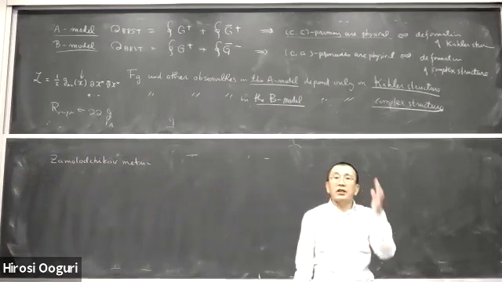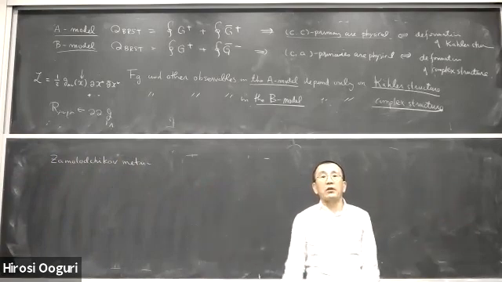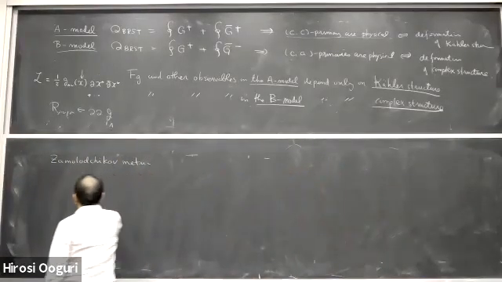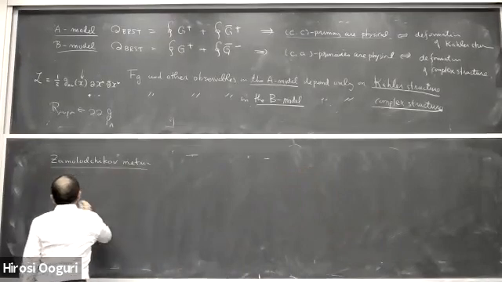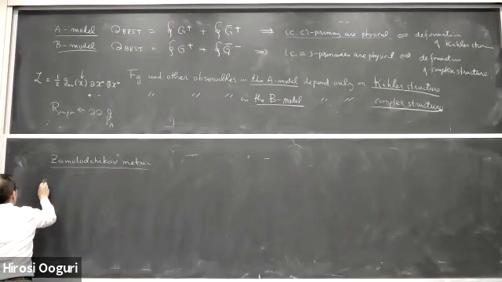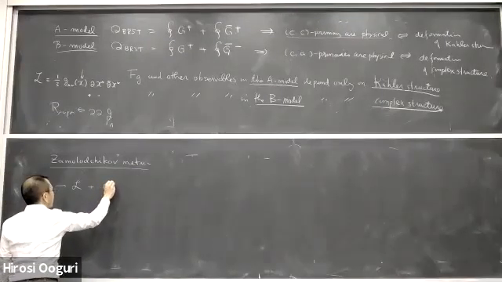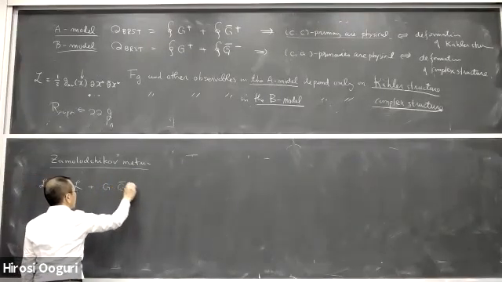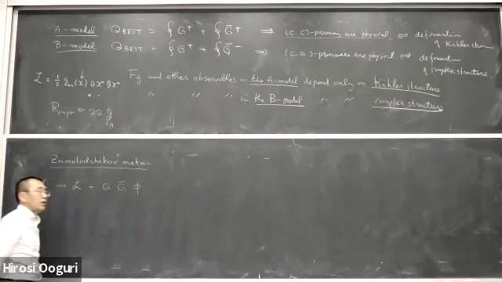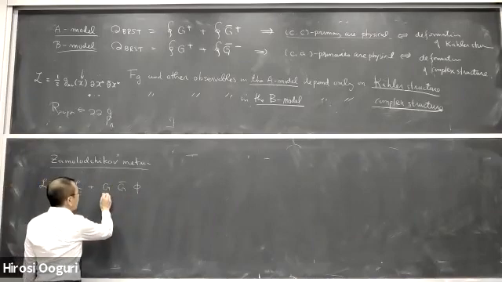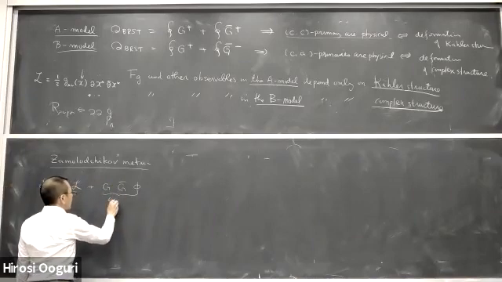It is a metric in the space of exactly marginal deformations. So this is a metric in the space of deformations. I told you that if you have a Lagrangian, then you can deform this Lagrangian by adding some operator G and G bar, acting on some CC ring, CC primary or CA primaries, etc. And so this is the exactly marginal operator.